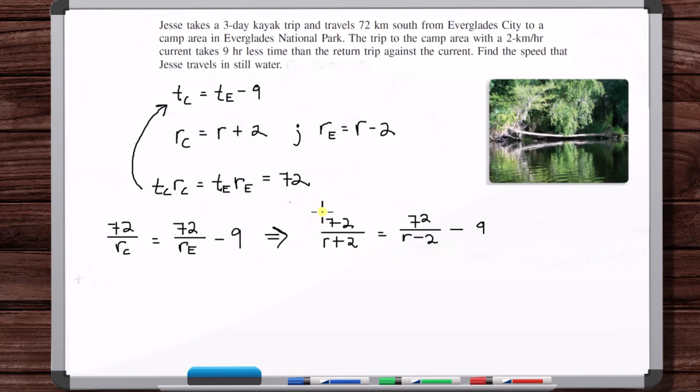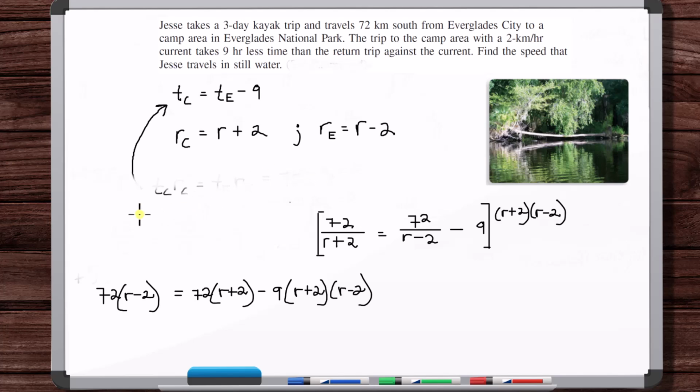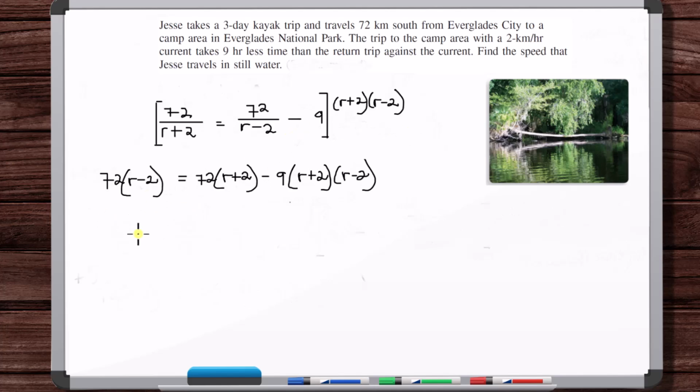And so how do we solve a rational equation? Let's clear the fractions. So we'll multiply by R plus 2 times R minus 2, and we're left with 72 times each factor. Okay, let's make some extra room here. Okay, so let's simplify both sides.